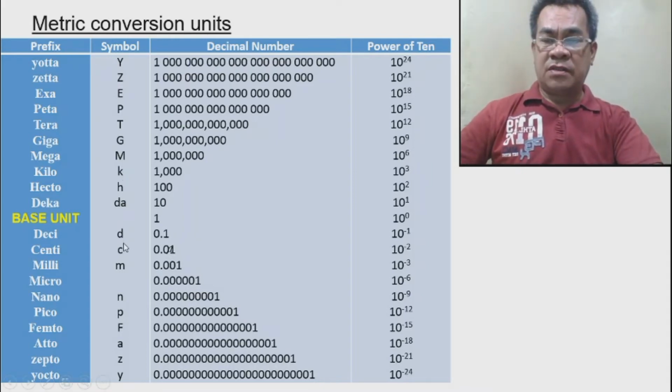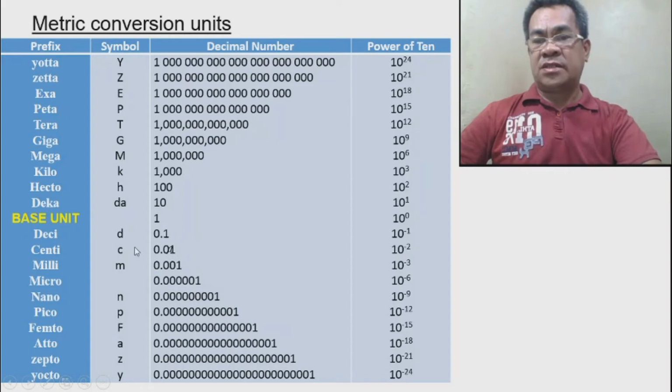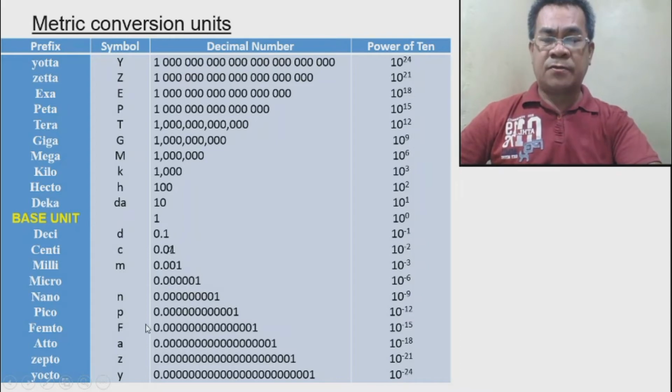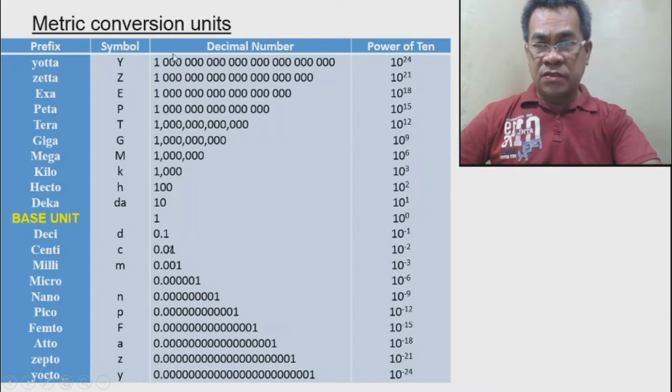Now, if that particle has a smaller size, then use the lower prefixes. So use centi, milli, micro, pico, and so on. Nano. Now take note that in order to make it convenient, because you will be working with this number of zeros, it's advisable to use the power of 10.